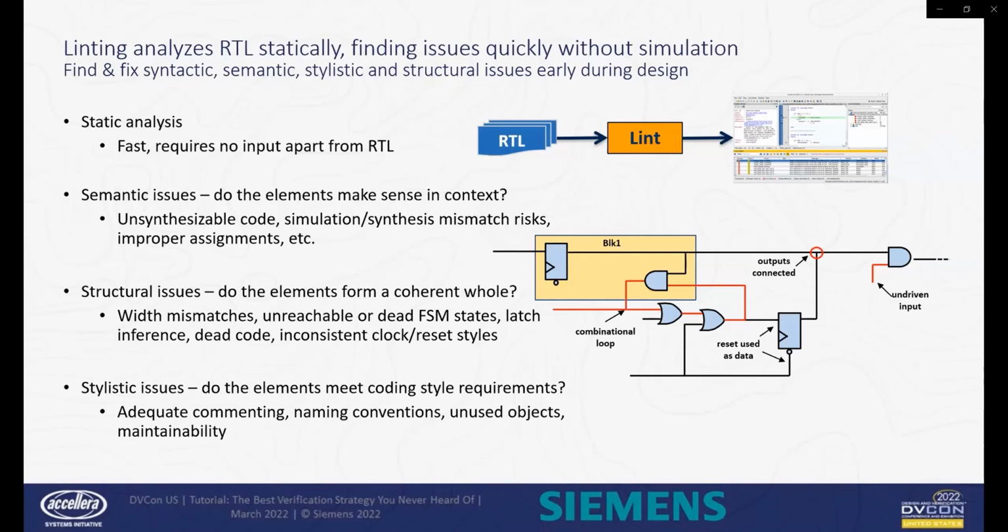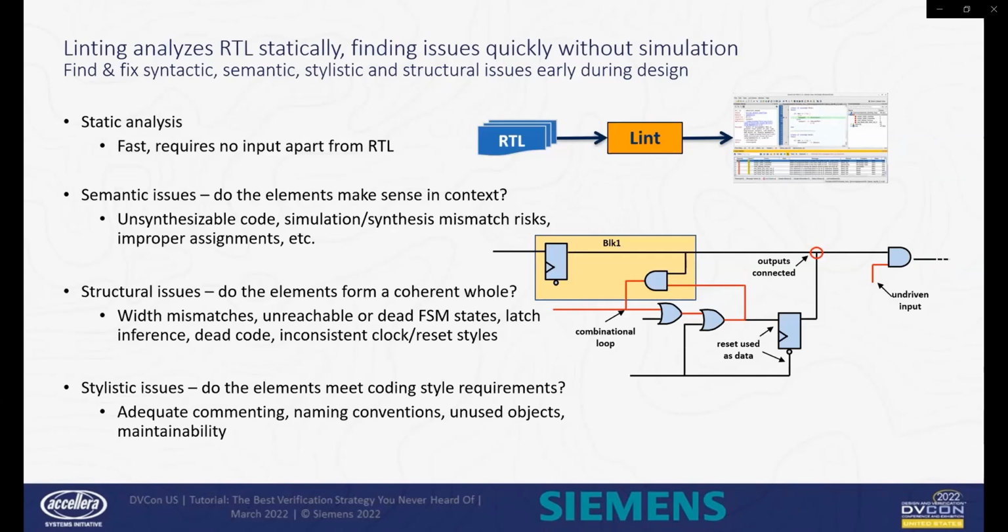It also includes connectivity issues within the design, such as undriven inputs, outputs connected together, combinational loops, and objects such as clocks and resets also used as data inputs to flops, as shown in the schematic on this slide.